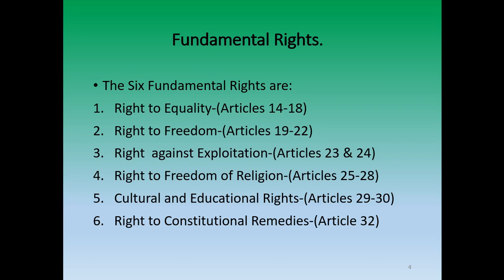Next, the right to freedom of religion under Articles 25 to 28. Next, cultural and educational rights under Articles 29 and 30. And last, the right to constitutional remedies under Article 32.